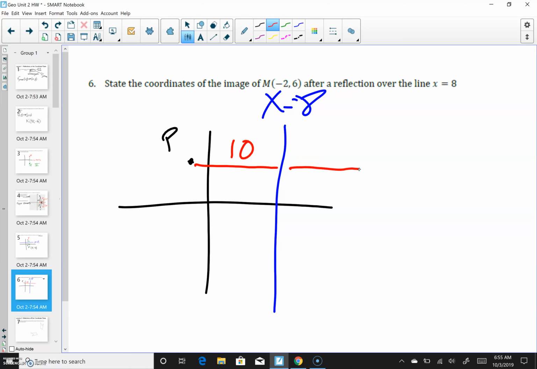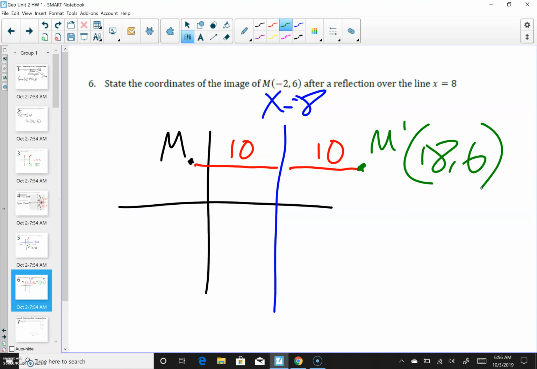Then to get to our new point, M prime, we count over 10 again, and we end up with the coordinates (18, 6). And that's going to be all of our homework for lesson 1.